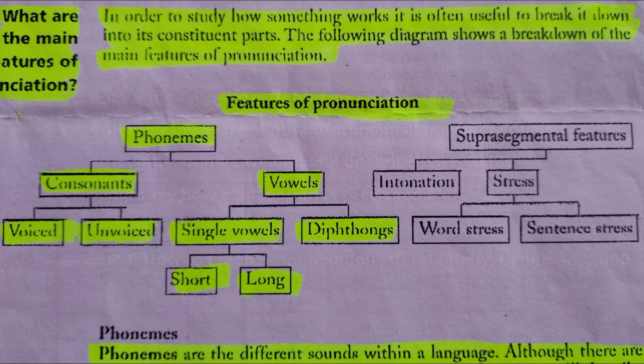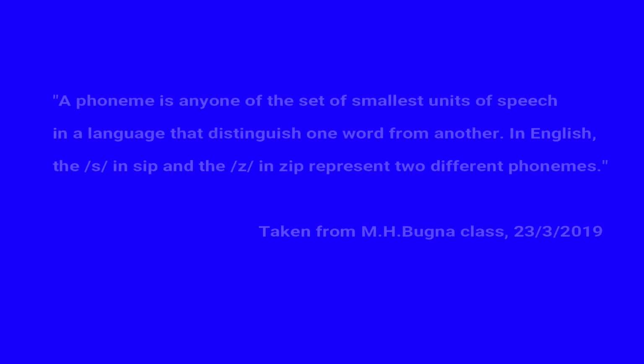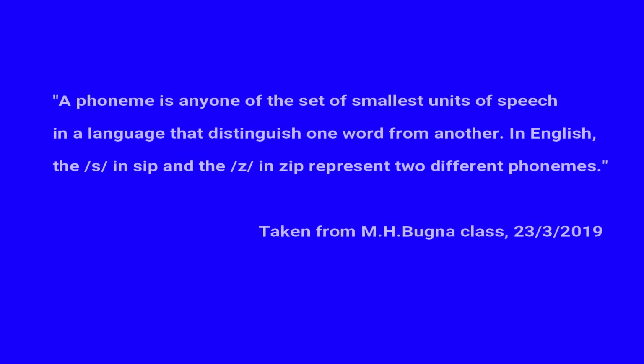But for those who are dealing with this kind of information for the first time, how would I describe a phoneme? I would say that a phoneme is any one of the set of smallest units of speech in a language that distinguish one word from another.